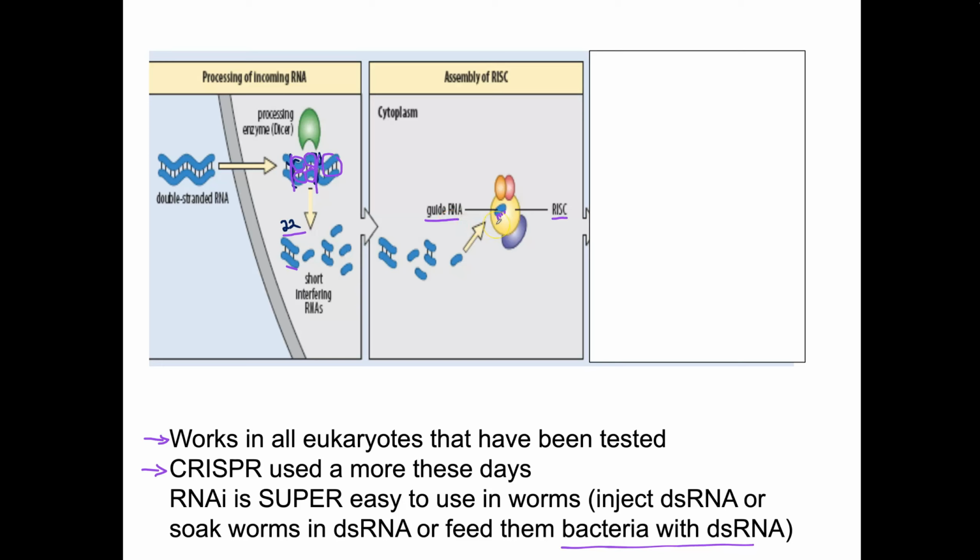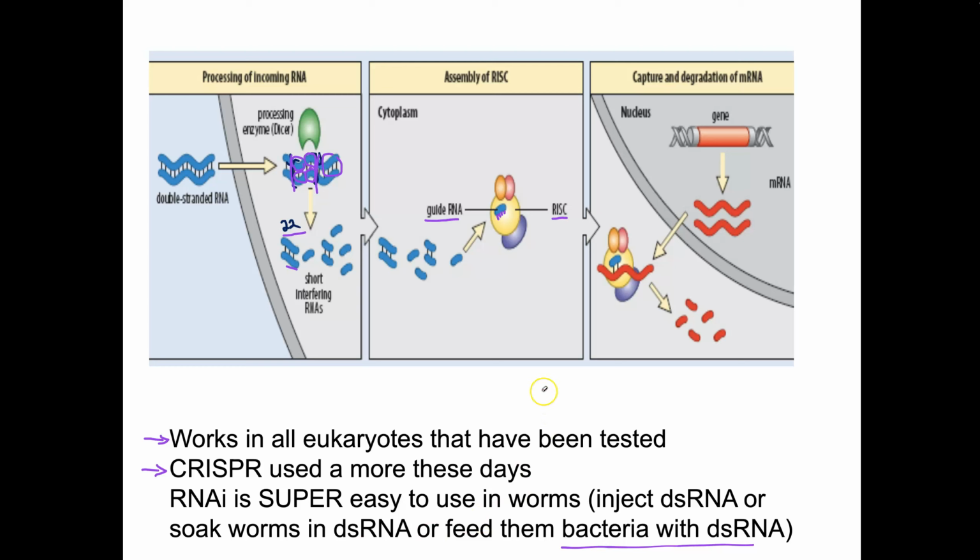And the guide RNA is the one that now is going to be used by this complex. And if there are any messenger RNAs that have complementary sequence to this 22 nucleotides, then the protein is going to bind that RNA and it's going to chop it. And that is how it prevents the expression of the gene. It hasn't affected the gene itself, but what it has done is prevented the function of producing the protein.